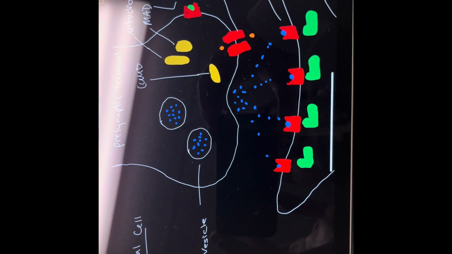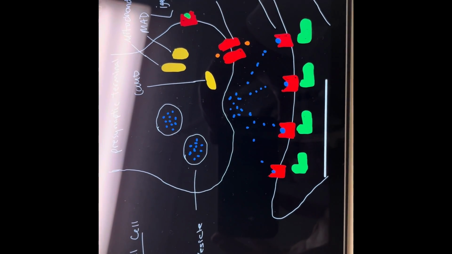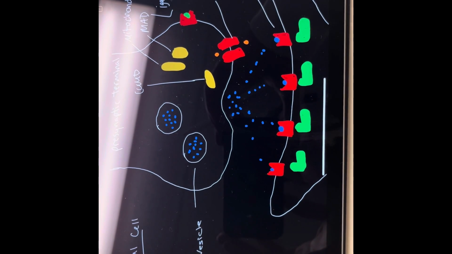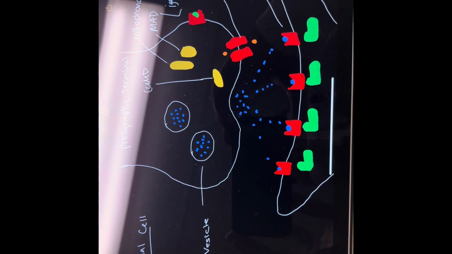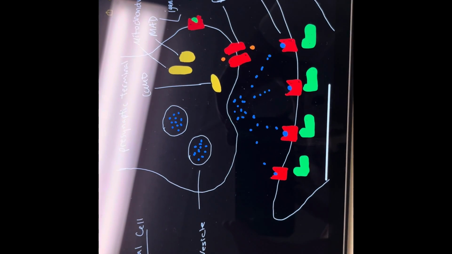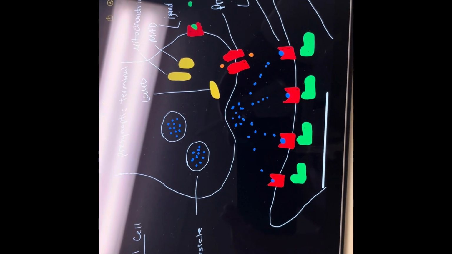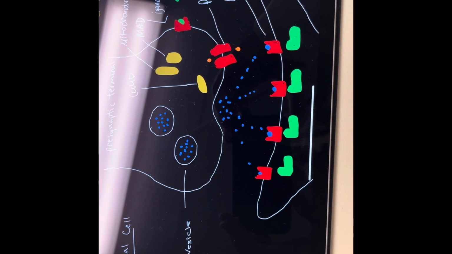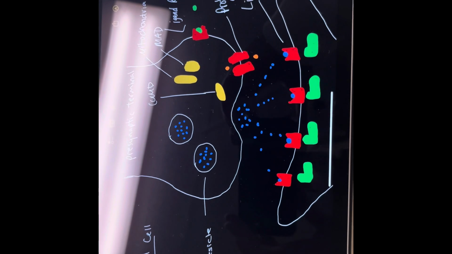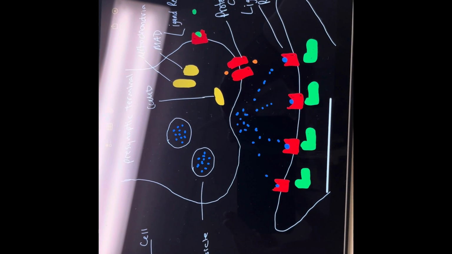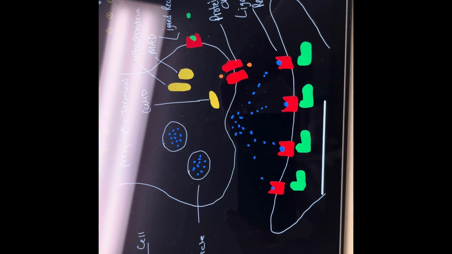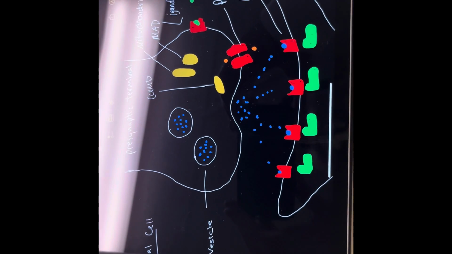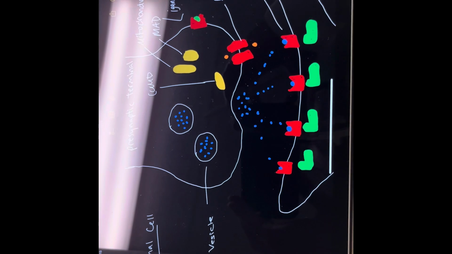All these little blue dots are neurotransmitters that the synapses release, and when they reach the G protein receptors at the bottom, they will activate the green things, and then they will start to turn ATP into cyclic AMP, which will then activate protein kinases.